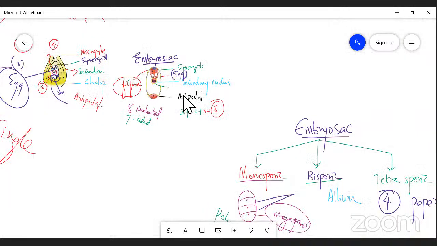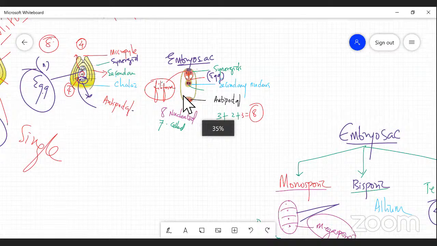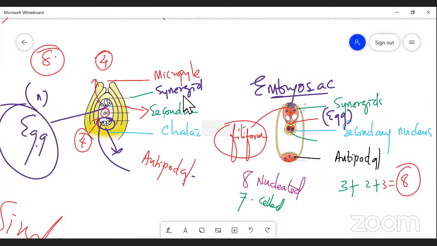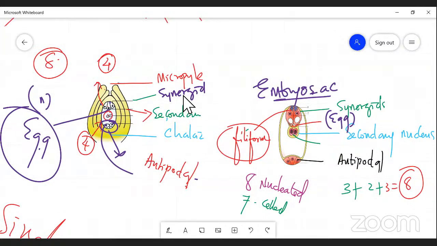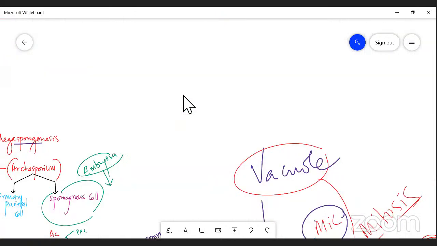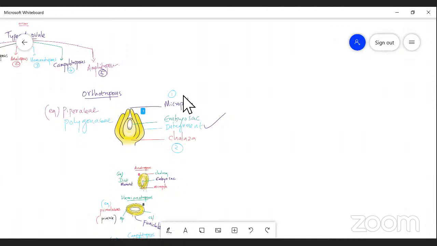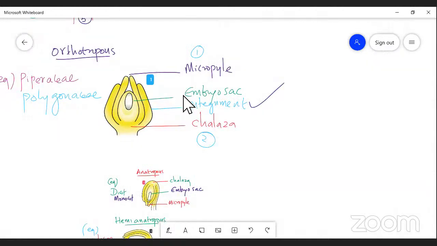Very good. Keep it up. And what are the parts seen in the ovule? We have discussed a number of ovules. This is a structure of an ovule. Which of the parts are seen there? Yes, Swati, answer us.